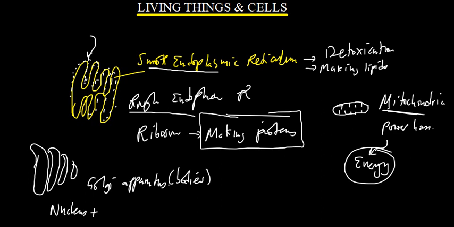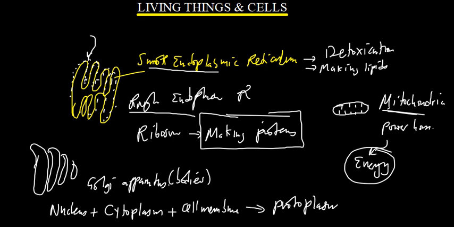What else? The parts which are both in animals, so we also have a cytoplasm and the cell membrane. So these three parts make up what we call the living part of the cell. And the living part of the cell is known as a protoplasm. Just take note of that because they can ask you this. Okay.